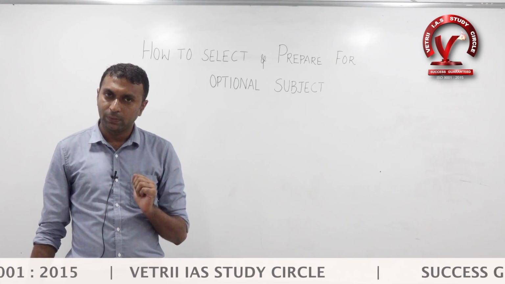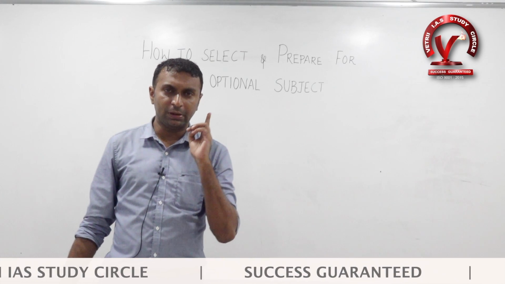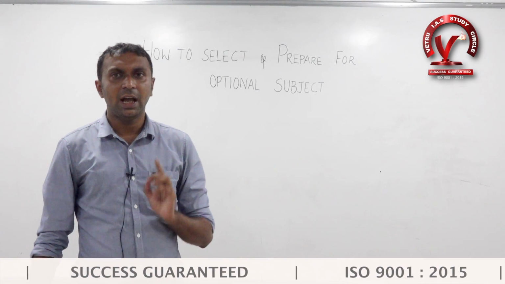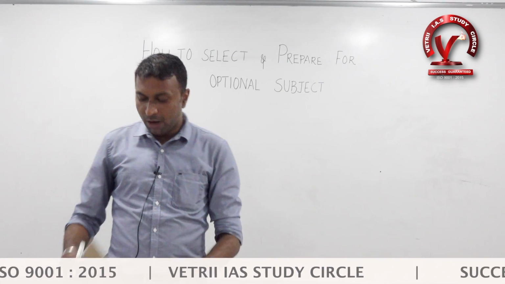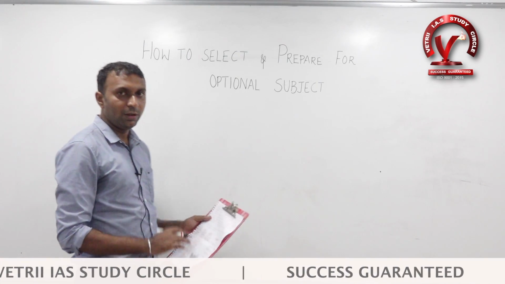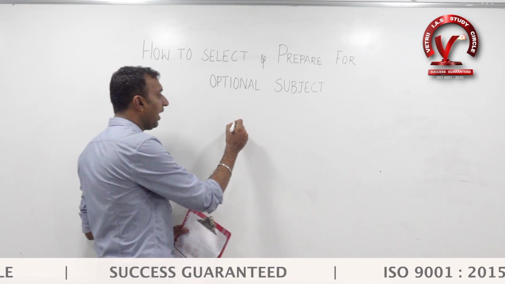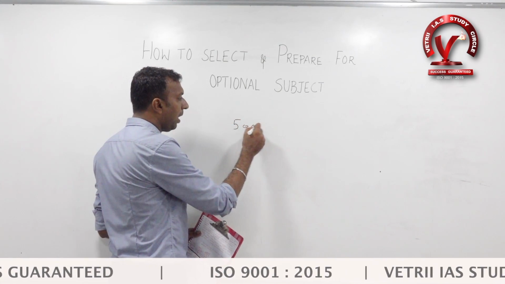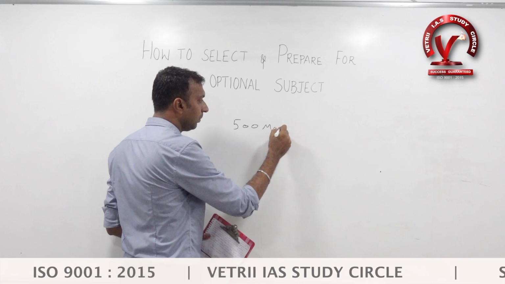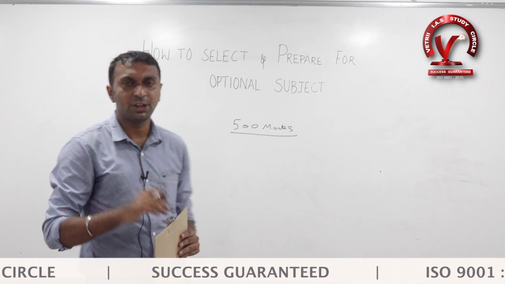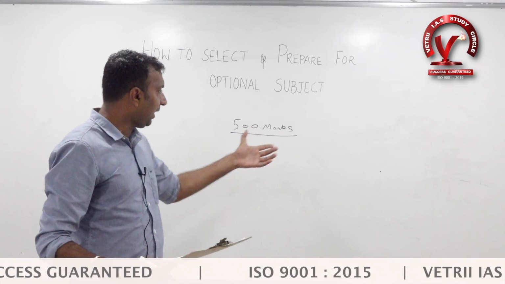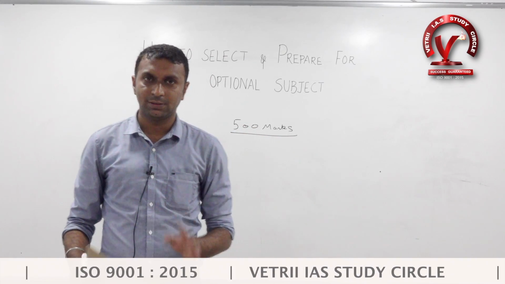Getting it? Now you all know that every candidate has to choose one optional subject, and the marks allotted to the optional subject are 500. But this optional subject is divided into two parts.